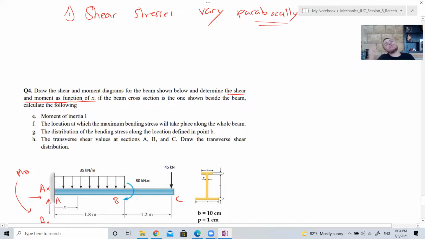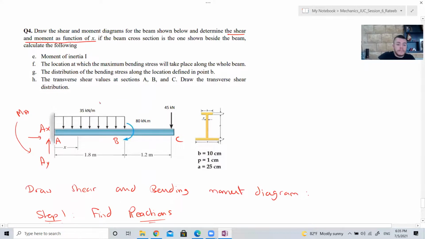This is the other way of drawing the shear and bending moment diagram. It's the hard way. It's called the method of equations. In order to draw the shear and bending diagram, we have to take cuts and find equations of V and M as a function of x. How many cuts do you think we should take in this system? We always take a new cut whenever there is a new load or whenever the load changes.